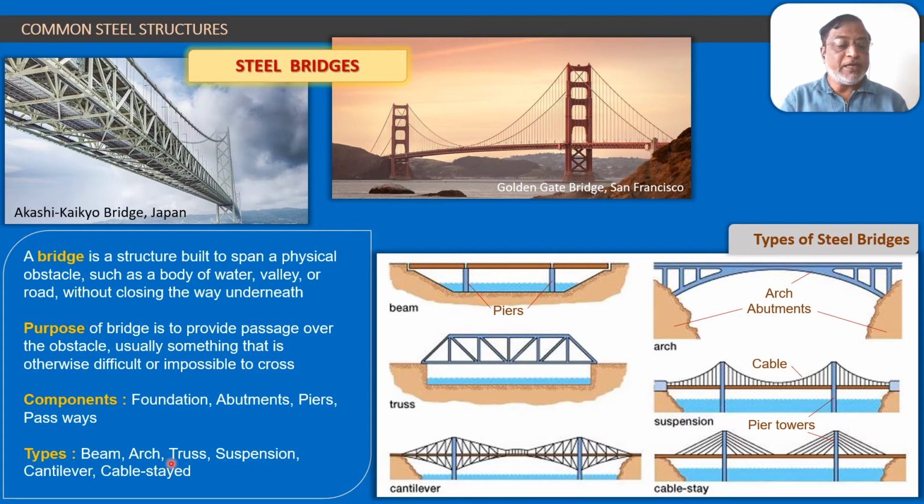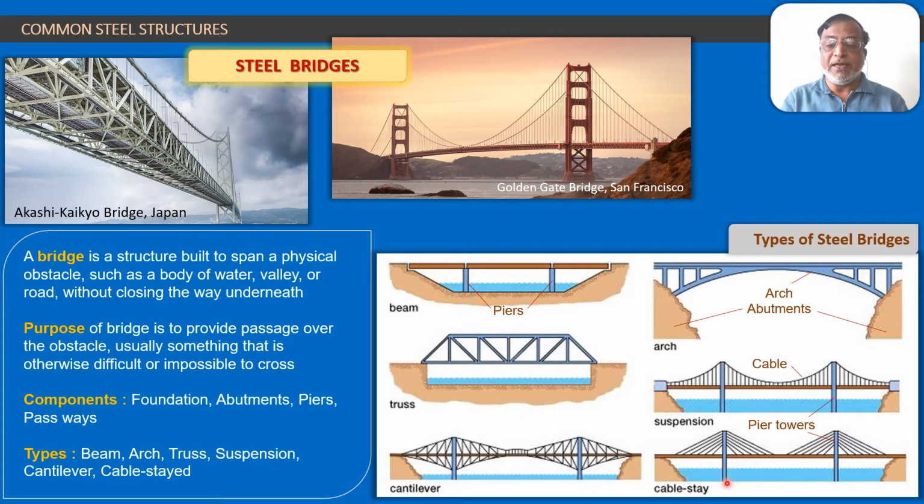The last type of bridge is the cable stayed bridge. The name indicates that the bridge stays on cables. Now, in the cable stayed bridge also we are using steel cables just like the suspension bridge. But the cable is playing a different role in the cable stayed bridge as compared to the suspension bridge.